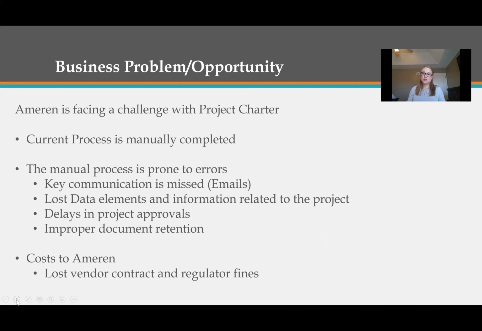These errors include key communication being missed, lost data elements and information related to the project, delays in the starts of approvals because of the gaps, and improper document retention. These pieces are leading to significant costs for Ameren, which include lost vendor contracts and regulatory fines.